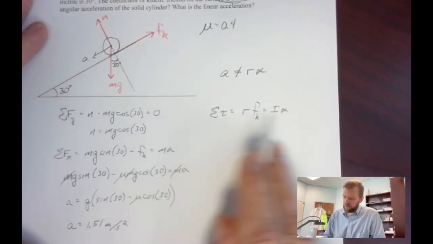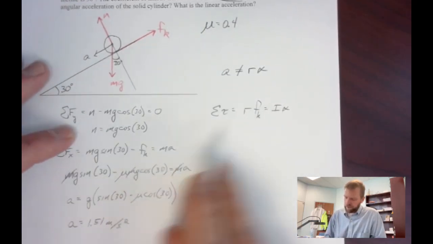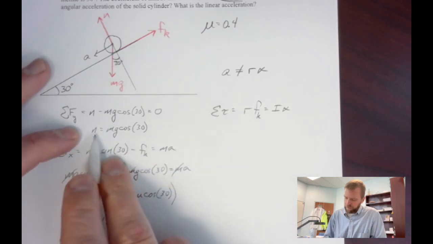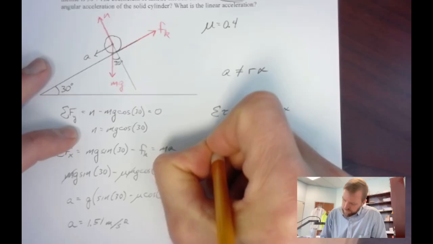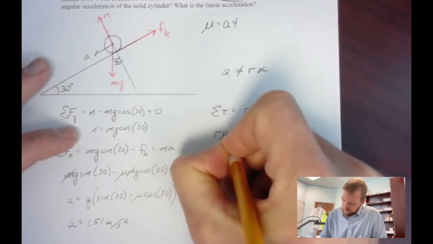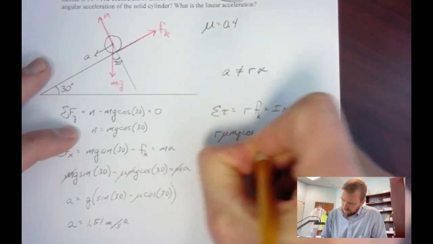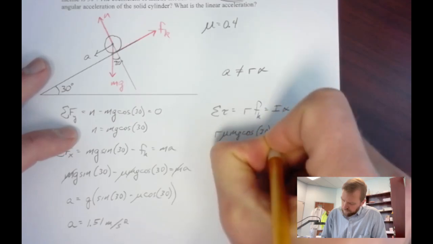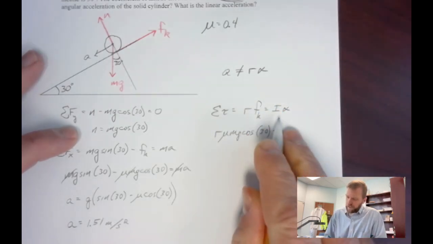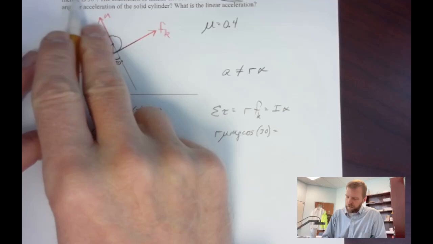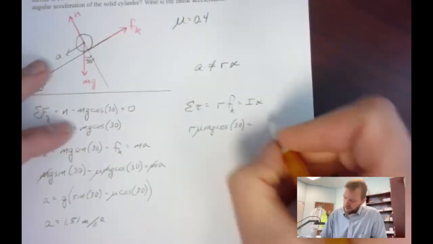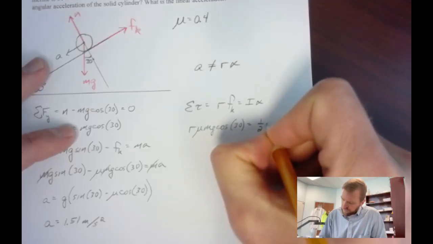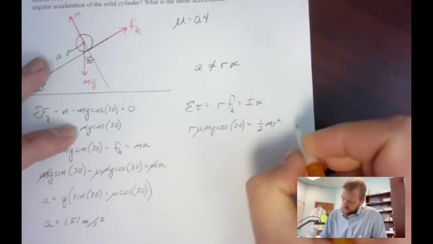We actually know everything in this equation because we know Fk is mu times the normal force. We got that right here. And we also know I, because this is a solid cylinder. We know I is 1/2 mr squared.